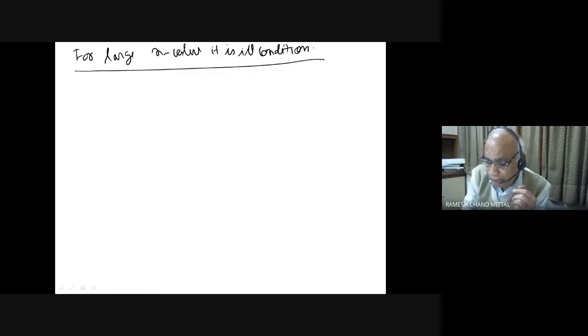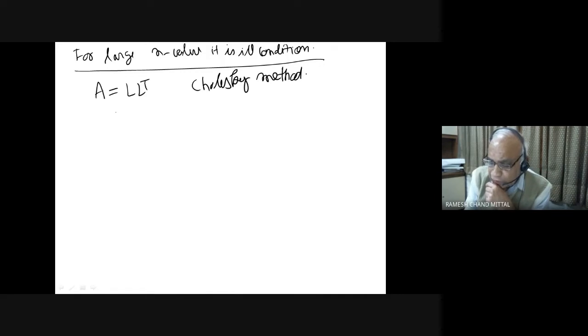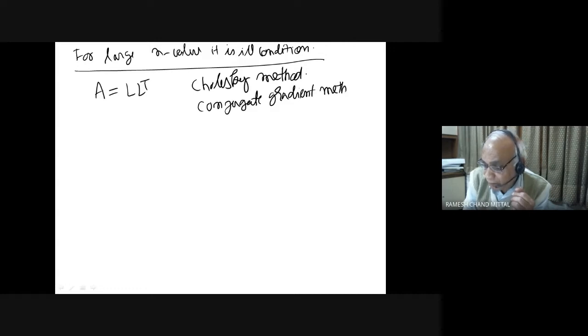One is that since it is a positive definite matrix, for small or medium n, LL transpose, LU decomposition, the Cholesky method can be applied. And this can also be solved because it is symmetric as well as positive definite, so the conjugate gradient method, an iterative method, can also be applied.